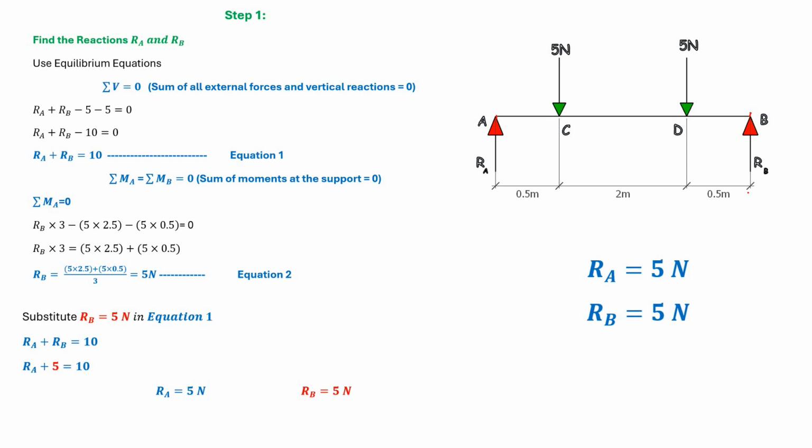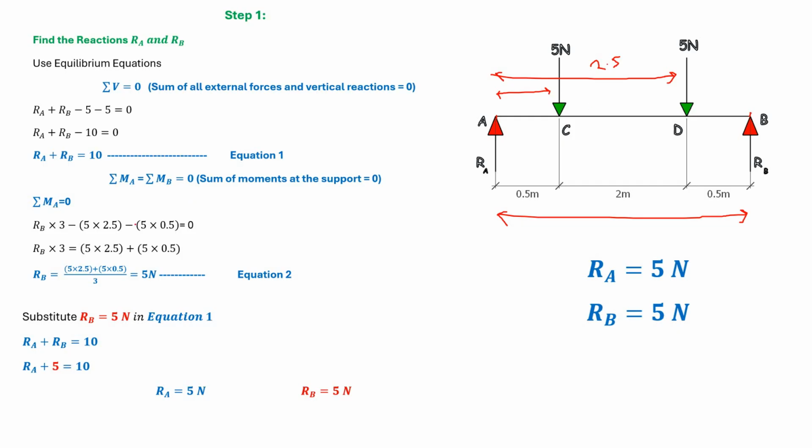We can see that the lever arm distance between the reaction RB and point A is 3 meters, the lever arm distance between the second 5 Newton load and point A is 2.5 meters, and the lever arm distance between point A and the first 5 Newton load is 0.5 meters.